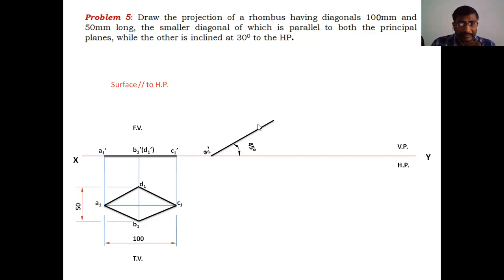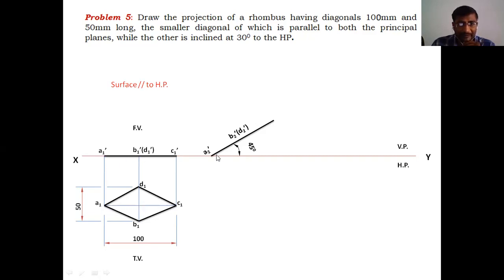And the length of this longer diagonal is 100 mm. Draw a 100 mm length from A2 dash and locate the points B2 dash of D2 dash on this inclined line, at the same distance as that of A1 dash to B1 dash of D1 dash. This length is almost equal to 50 mm, half of the longer length.